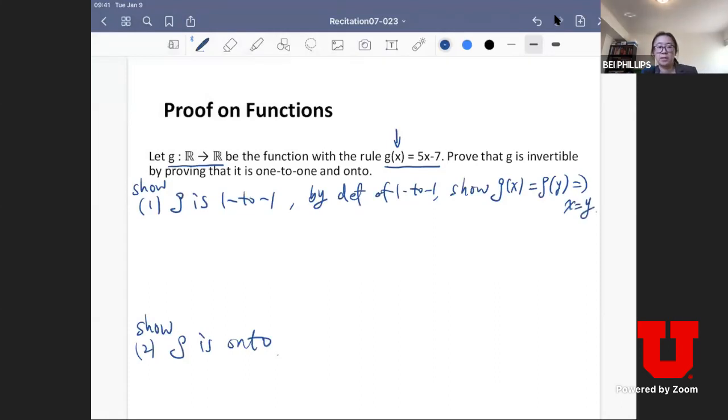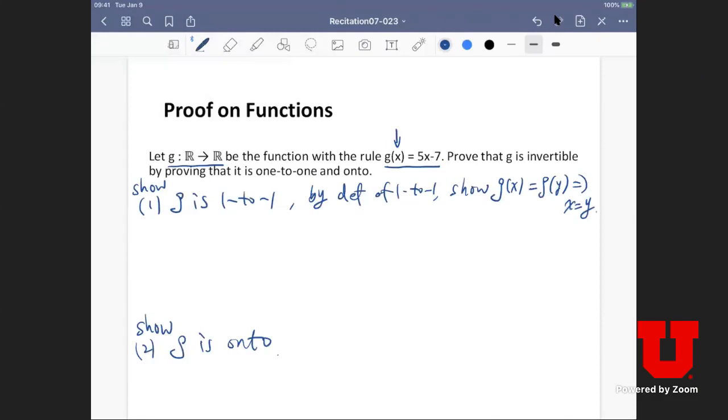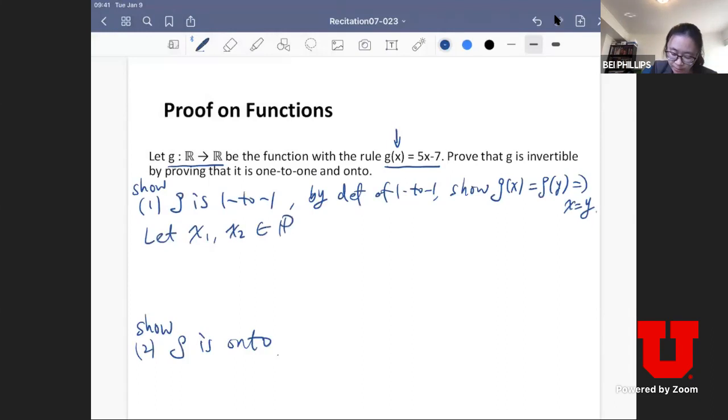Okay. Do I have a volunteer? This proof is roughly 2 lines, but if you expand it, it's 4 lines. Okay, go ahead, Sabine. So for the first one, we can let x1 and x2 be in the set of real numbers. The domain's real.